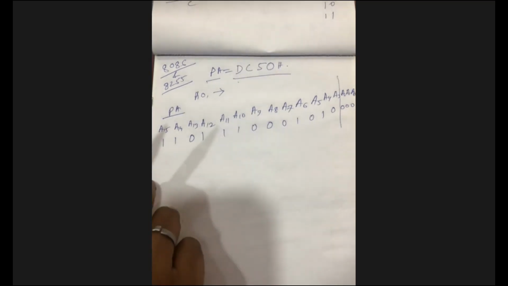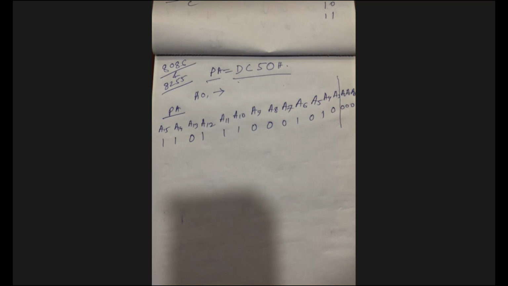Next, draw the diagram. A3 to A15 are all connected with a NAND gate. Is it clear? Yes, sir.